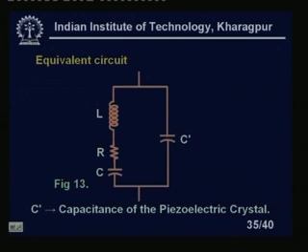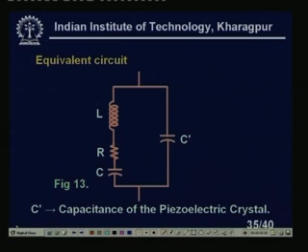I have an inductance L, a resistance R, a capacitance C, and also a parallel capacitance C dash. This value of L is very high in the case of piezoelectric crystals. That makes the frequency stability excellent. Otherwise, nobody would care for these quartz crystals, right.